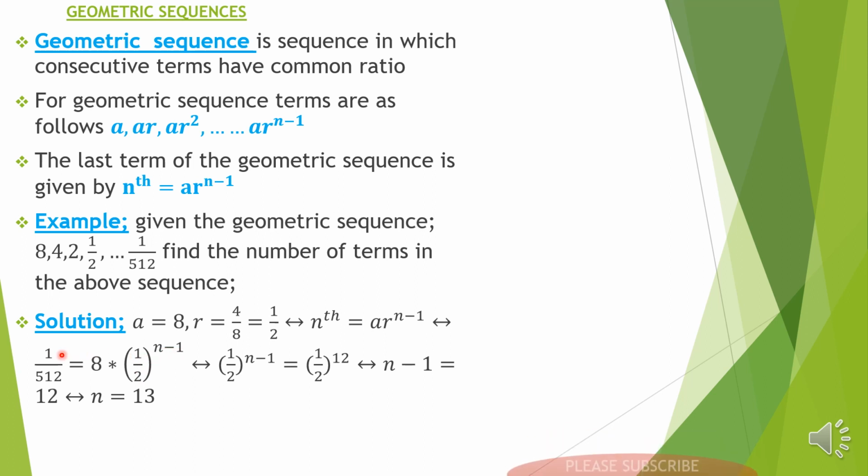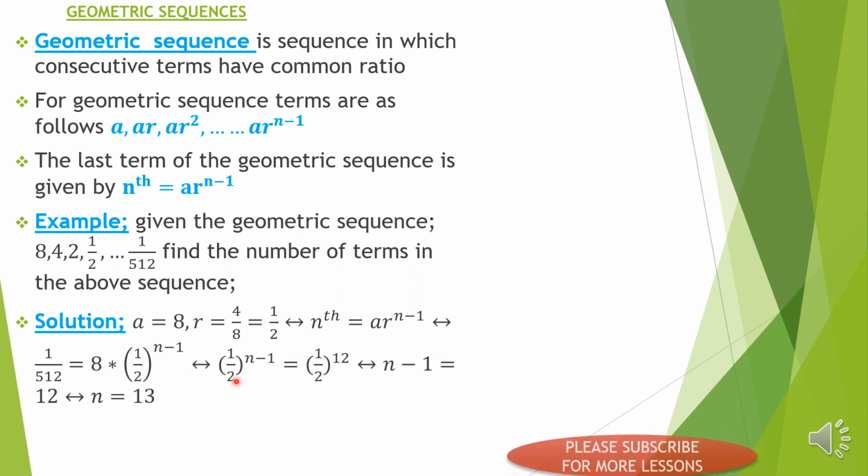We can simplify this expression by dividing by 8 across to remain with a half raised to n minus 1 equals, once you divide by 8 and write it as its prime factors, a half raised to 12. You express it in index form, so you have a half raised to 12.